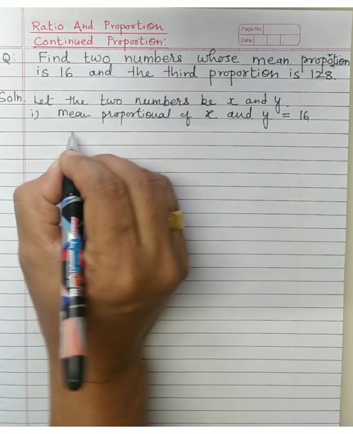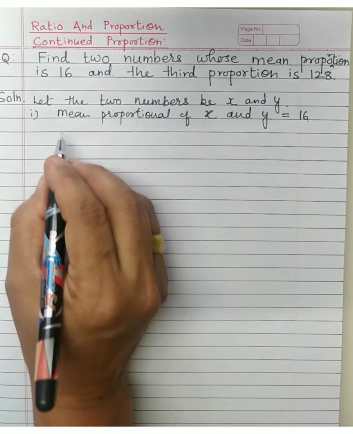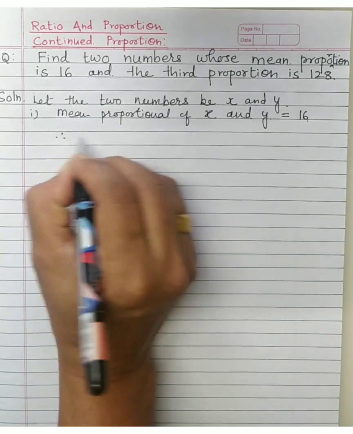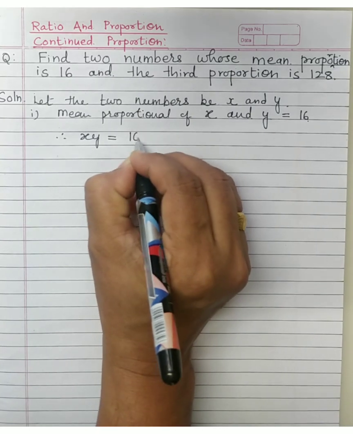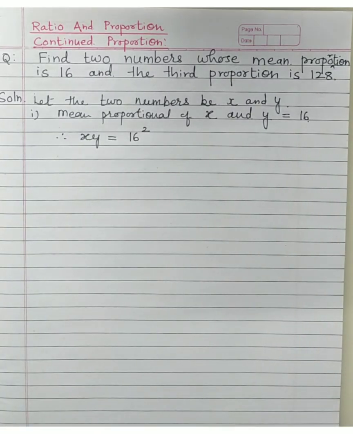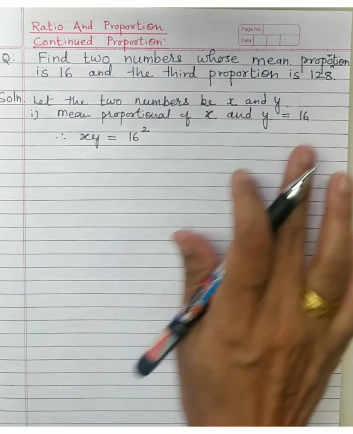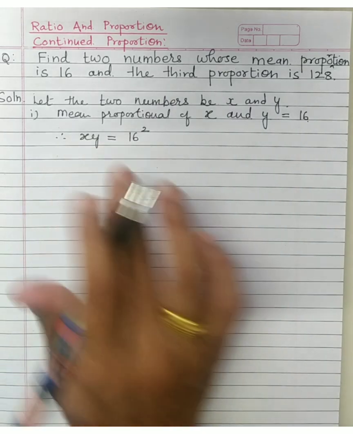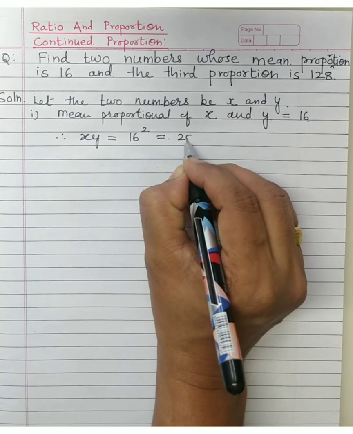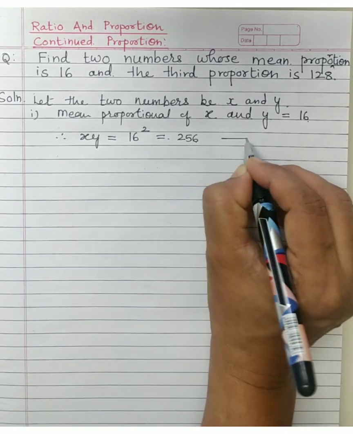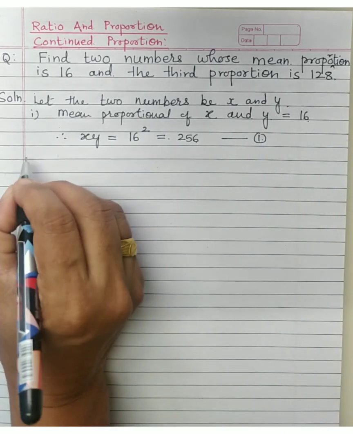Mean proportion square is equal to product of the two numbers. Do you remember that? So what do I get? X into Y is equal to 16 square, right? Because 16 is the mean proportion between X and Y. 16 square means 256. Keep it aside. Say first relation.